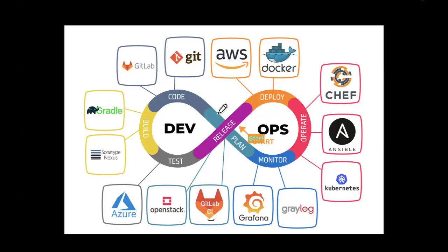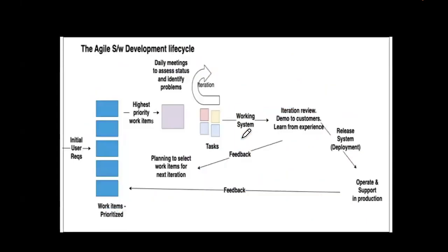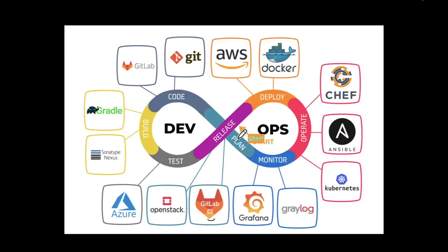And we start around here, the planning stage. The planning stage, if I go back, is equivalent to prioritizing your user requirements and deciding what requirements I will develop next in this whole stack of requirements. That's what we mean by planning.